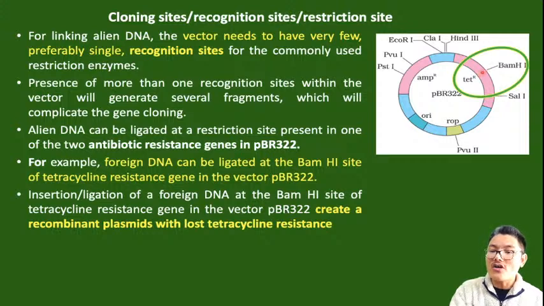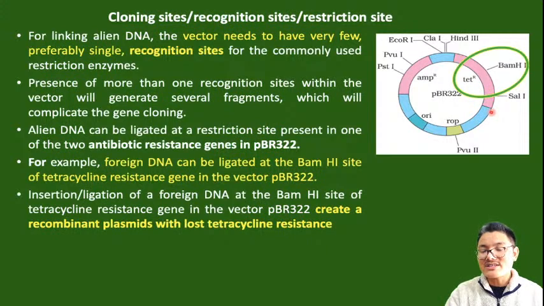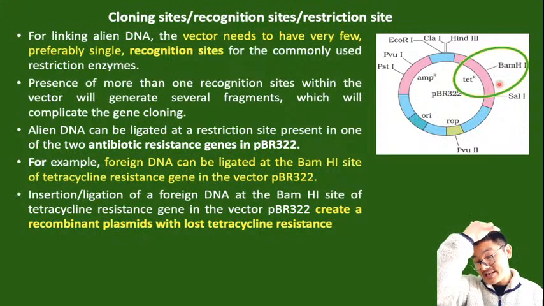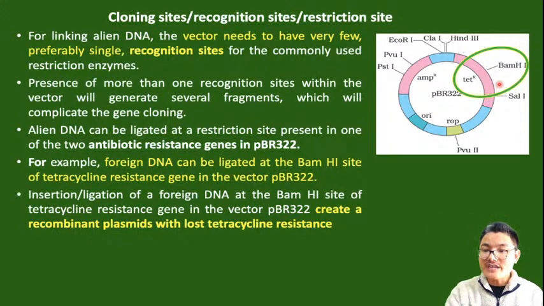Due to insertion of the new alien gene in the tetracycline resistance gene, the gene is inactivated. It will not function and will not produce its protein, and that protein will not make this plasmid-containing bacteria resistant to tetracycline. So the tetracycline resistance character will be inactivated due to insertion of the alien gene by cutting at the BamHI recognition site.